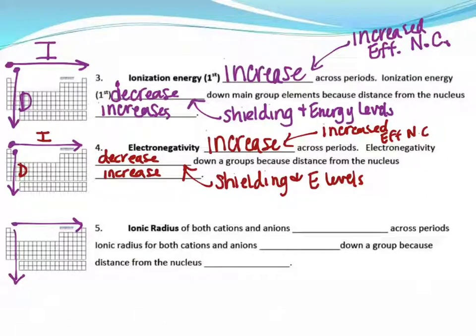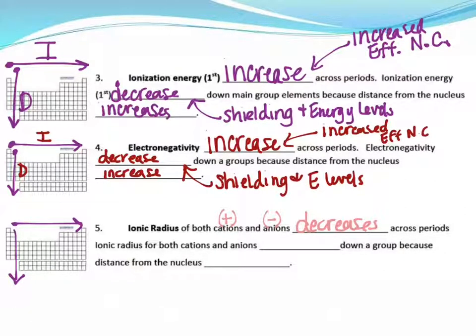As we go across a period, what happens to our size? Our size decreases across a period. Someone tell me, cations, positive or negative? Positive. Cations are positive. Anions are negative.